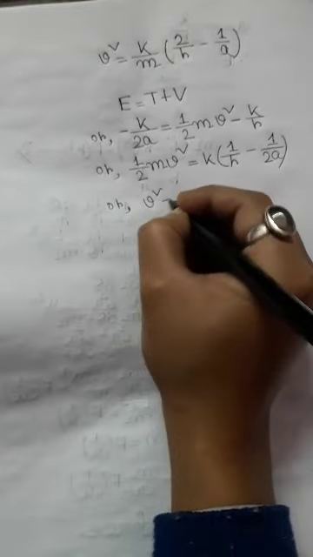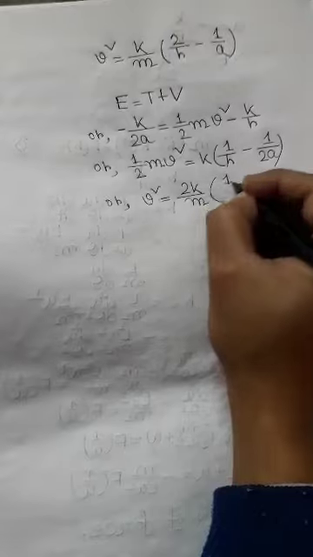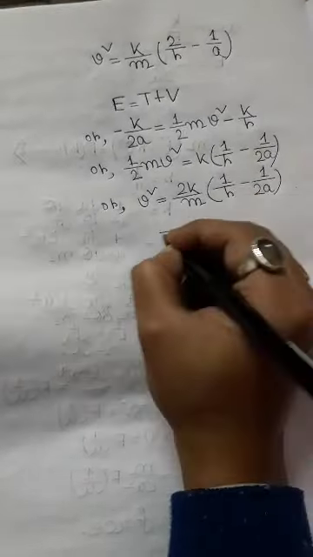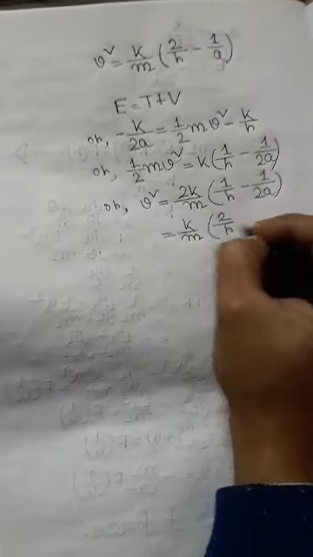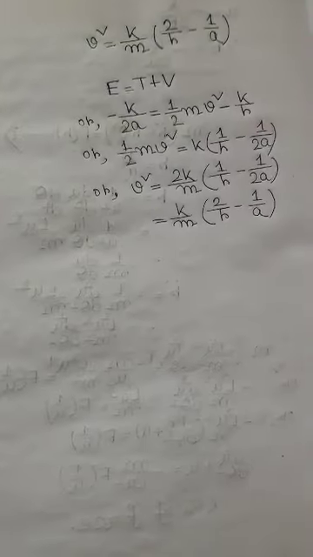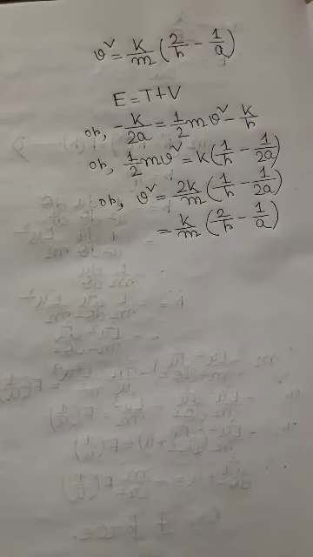My v square would be 2k by m into 1 upon r minus 1 by 2a. From which we can easily write k by m into 2 by r minus 1 by a. So this is the required relation that we have to prove. This is a simple and interesting problem related to central force.